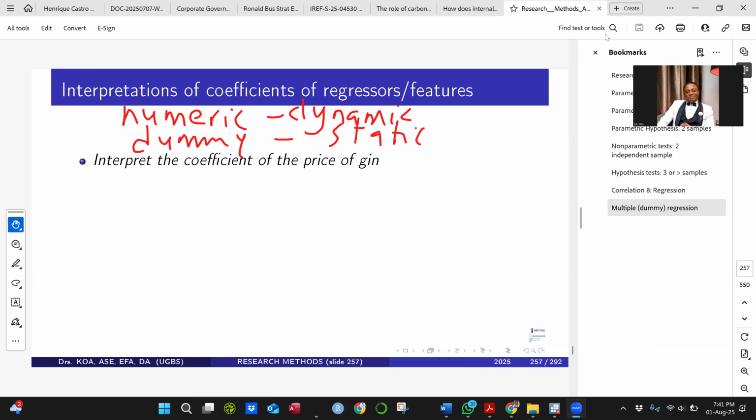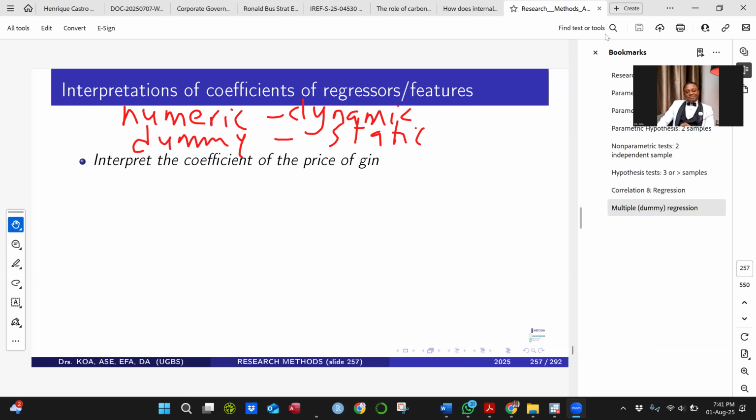You always start with the words on average, because this is a regression. It's based on the mean. And then you hold the other factors constant. Now, sometimes some of the literature will say, holding all other factors constant. I want you to learn how to write these other factors.